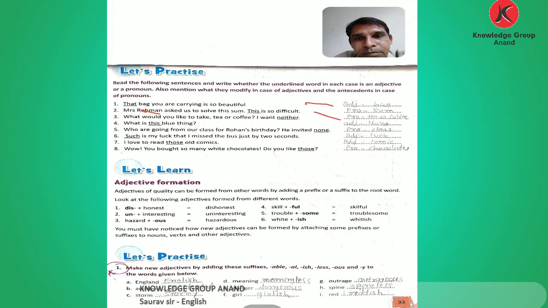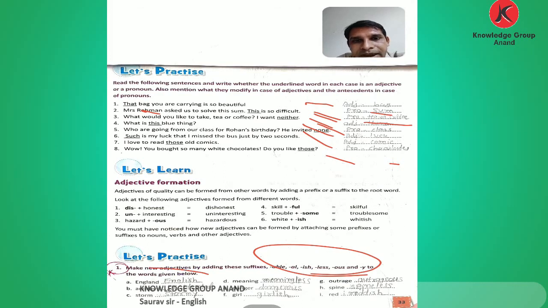In the second sentence, pronoun: some; pronoun: tea or coffee; adjective: thing; pronoun: class; adjective: luck; adjective: comic; and pronoun: chocolates. Okay, and here are the answers for adjectives formed by adding these suffixes: English, accidental, stormy, meaningless, dangerous, girlish, outrageous, spineless, reddish, and here careless, famous, remove E here.